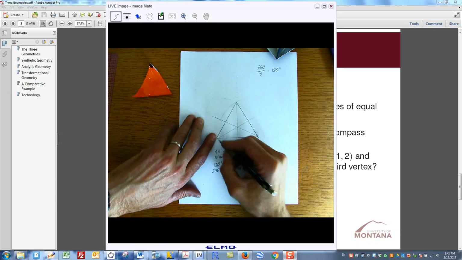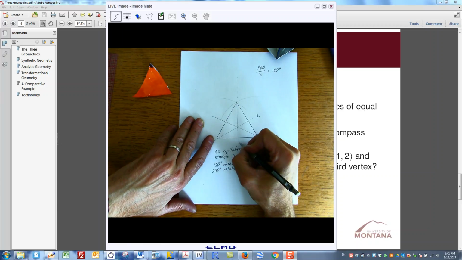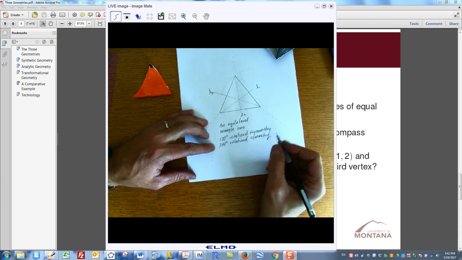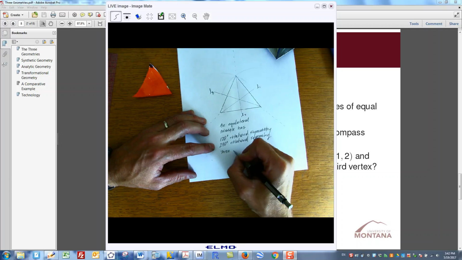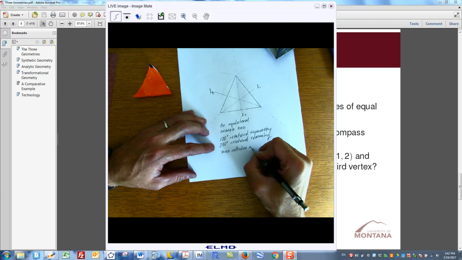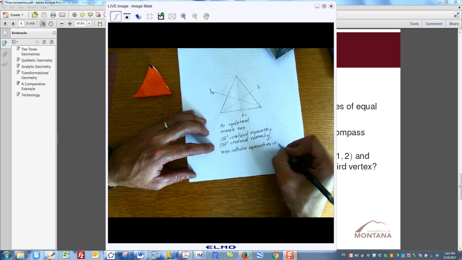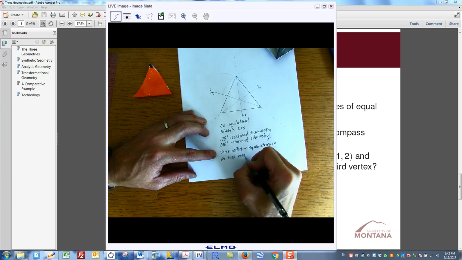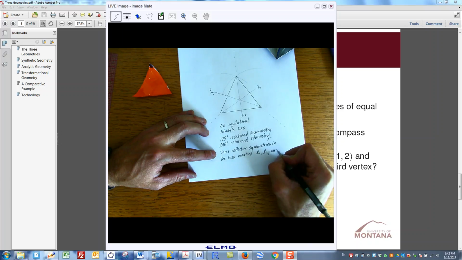So it appears there's 1, 2, 3. I'll name them here: line 1, line 2, and line 3. And I'll just say 3 reflective symmetries in the lines marked L1, L2, and L3.